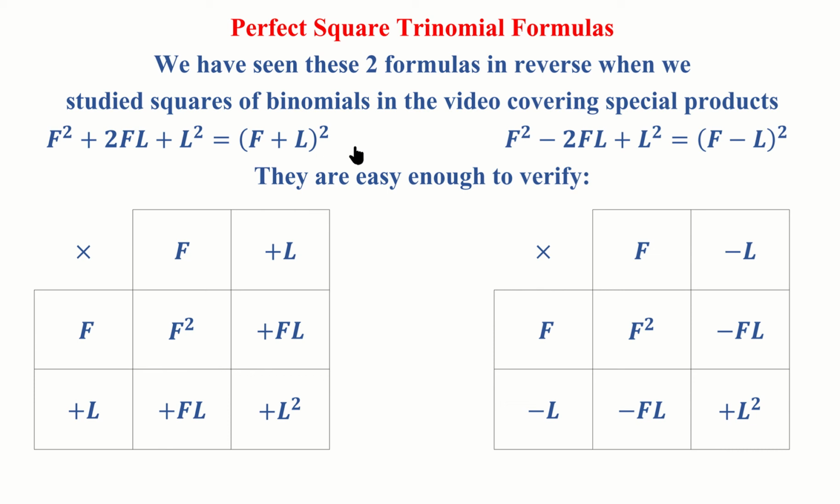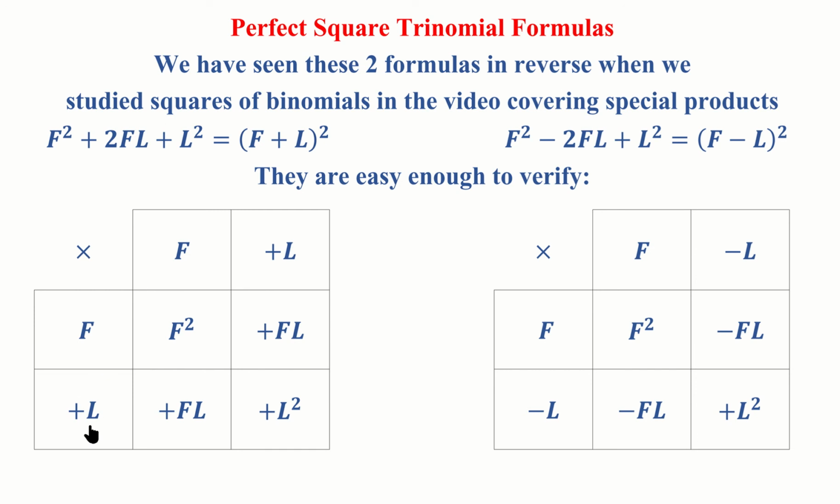So first of all, we've seen both of these formulas going from right to left when we handled the set called special products, when we were multiplying polynomials in a previous video. So we noticed that the quantity F plus L squared is just going to be F squared plus 2FL plus L squared.